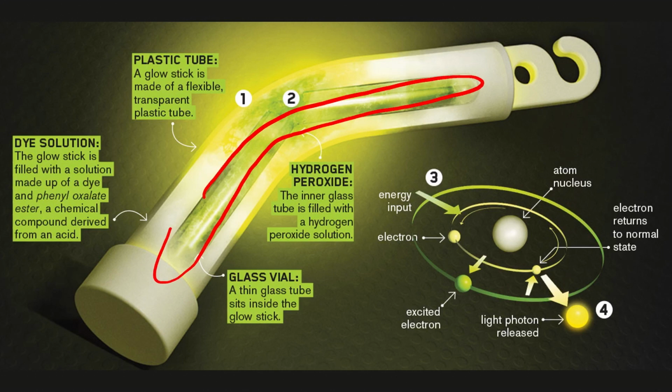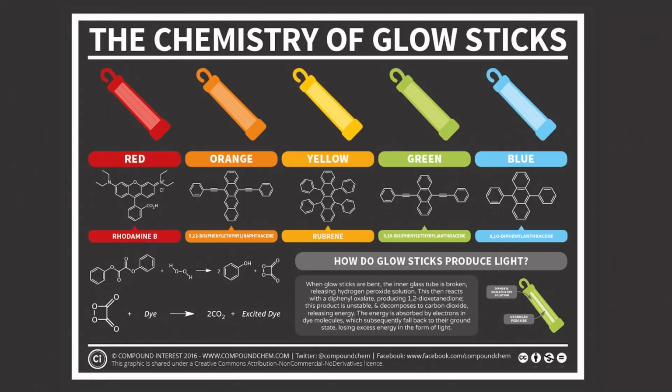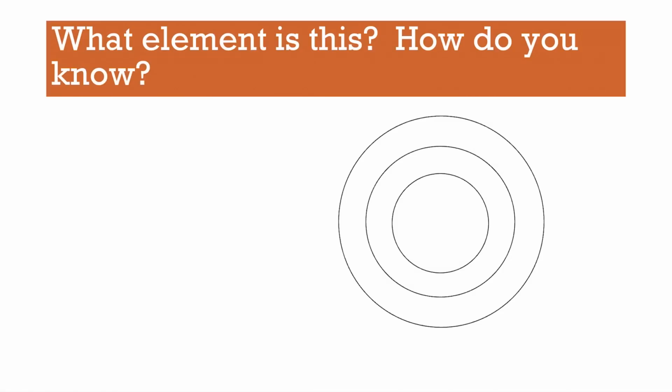You can slow it down if it's cold, but glow sticks will not last forever, and that is why. Depending on the dye, so orange, red, yellow, green, blue, and other colors, it creates a different color, which I think is pretty cool.